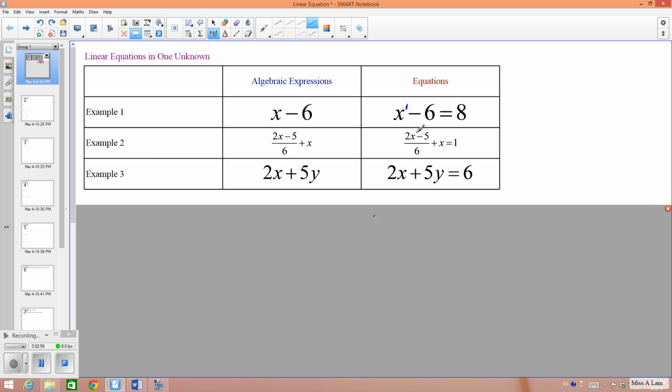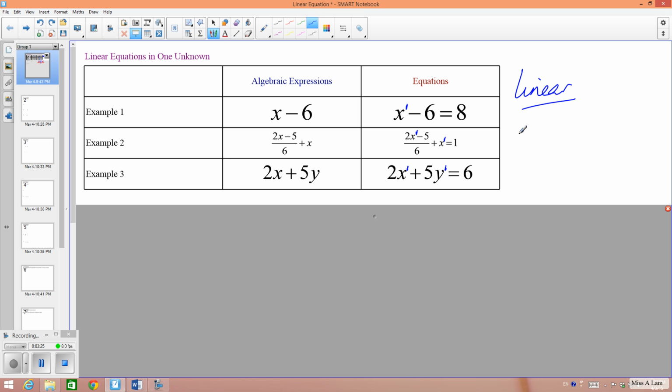If you look at the second example, this is x, it means it is x to the power 1, and this one is also x to the power 1. And for the third example, there are two unknowns, but x is x to the power 1, and y is y to the power 1. Therefore, in this case, we call them linear equations.